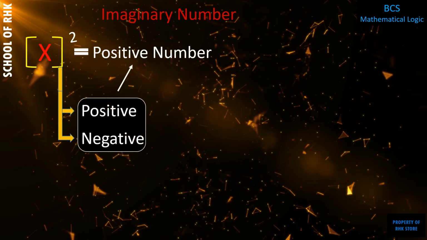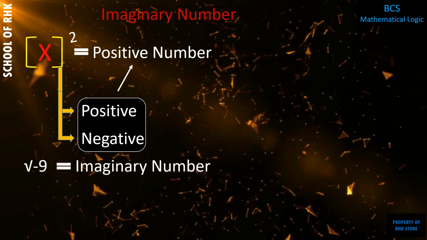Still, the outcome will be a positive number. We always get a positive number in both cases. That is, there is no number in the real world that can be multiplied by itself to get a negative number. Therefore, for any negative number, let's assume negative 9, its square root will be an imaginary or unreal number.